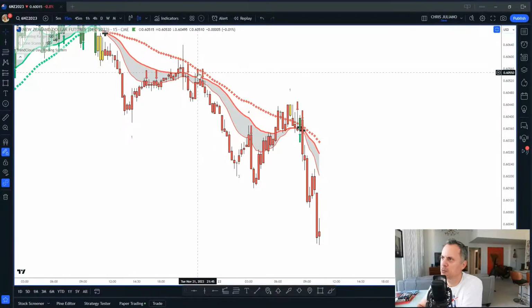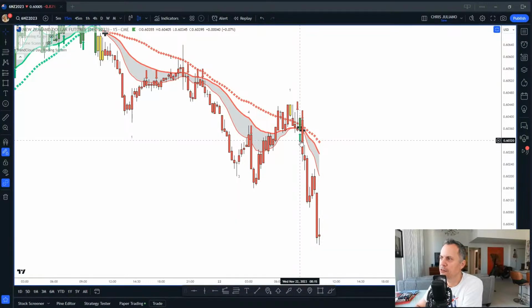These are the signals that we want to take, right? And you'll get that in all trading systems, because these are just mathematical equations. So all trading systems are going to produce signals that are to be ignored.